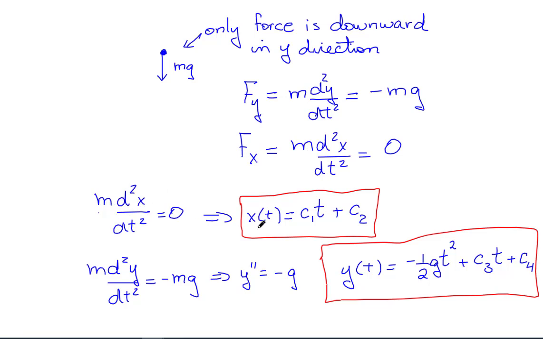This is easy, giving me x of t is c1 t plus c2. In terms of the y direction, again, you can cancel the m's. You get y double prime, the derivative in terms of t, equals minus g. Integrate twice, I get minus 1/2 g t squared plus c3 t plus c4, because we were integrating two times.